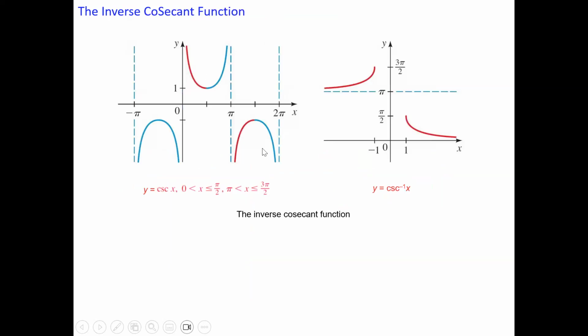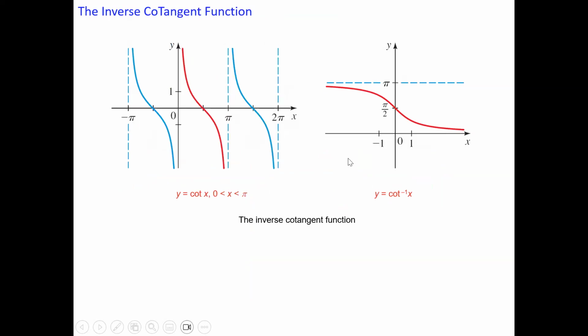That's cosecant. We're restricting this way and taking this part. And cotangent, we're restricting from 0 to pi, not including the endpoints, similar to cosine. Make sure that you know the graphs, but as I said, we will definitely use arcsine and arctangent a lot in the calculus class.